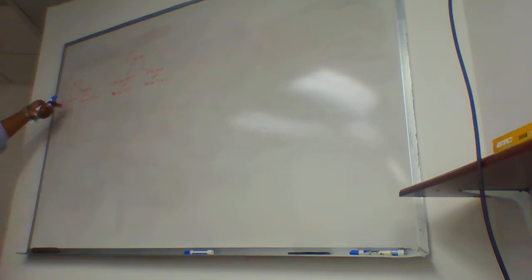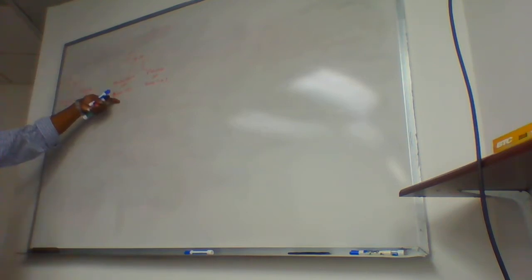Quantity of good X in this case, first one, quantity of good Y. Second one is always the price.